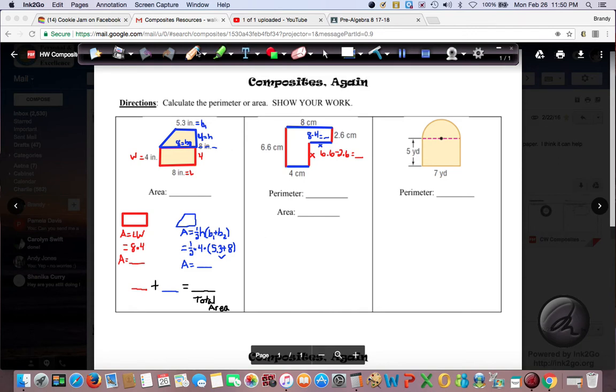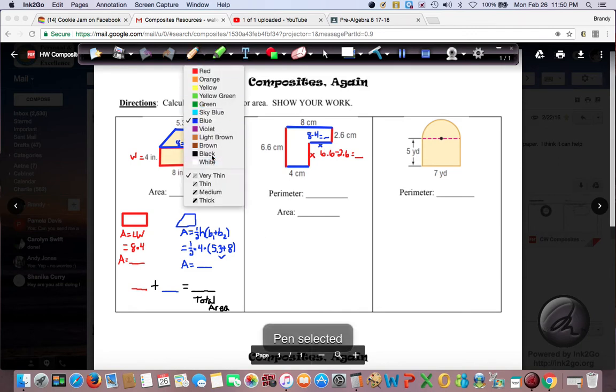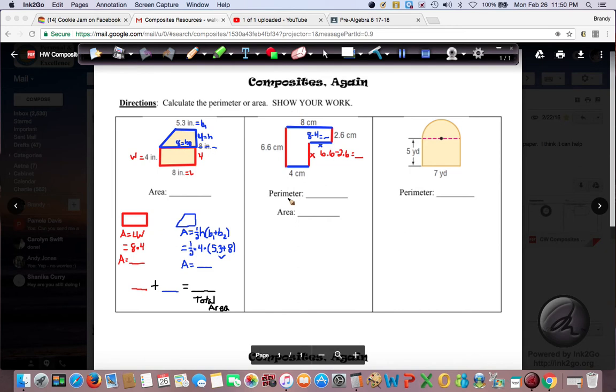So to find perimeter, remember that means sum. You're going to add up all your sides. So we're going to take our 8 at the top, this 8, so again this is for perimeter.